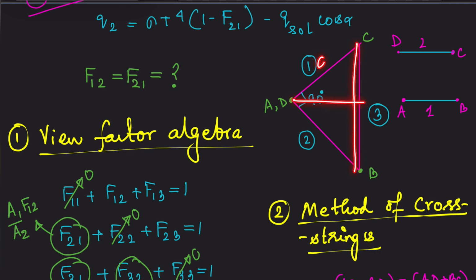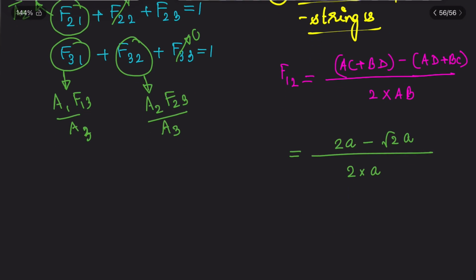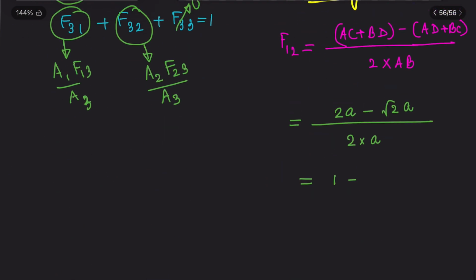So if this is A, then this is A by root 2, that is A cos 45. So this will be 2 into A by root 2, that will be root 2 A, right? Now A will be cancelled out, so I will be having 1 minus 1 by root 2.